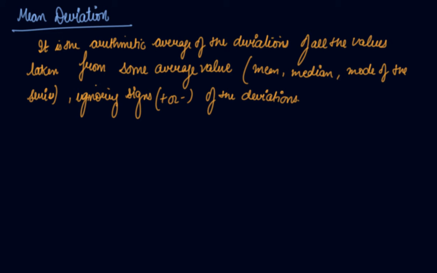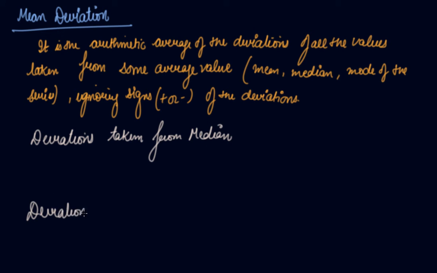So we generally calculate the mean deviation from two methods by using the deviation taken from median, and deviation taken from mean. So what you will do, you will first find out the median of the series.